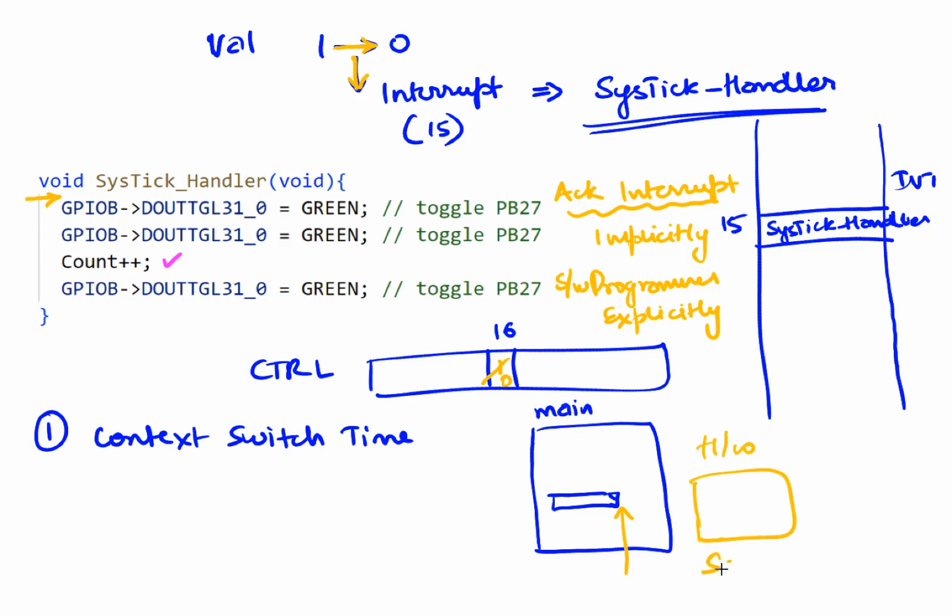It saves context, and it starts executing in our interrupt handler, which is my SysTick handler. The time that has elapsed between when it got interrupted and when it enters the handler is some amount of time. That is one of the key things we want to study. That's my context switch time.